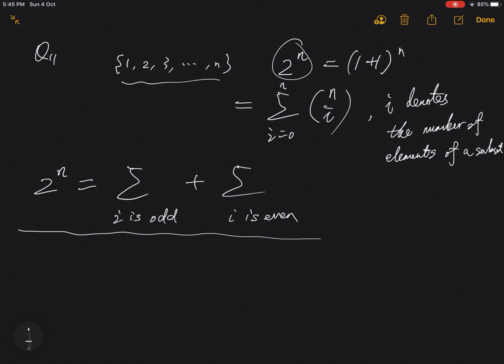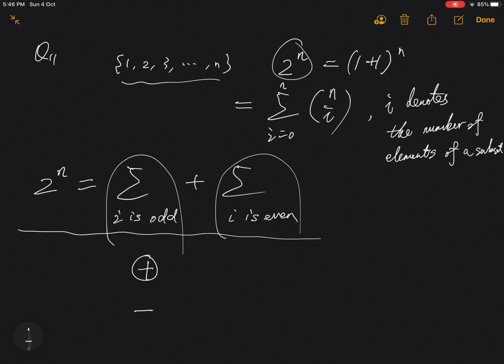Starting from this, here we need to calculate them separately. But here we have a plus between all the different I. How to create a minus?